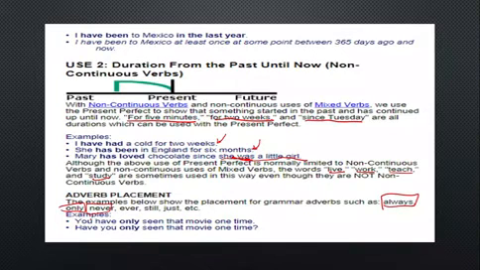Okay, examples: you have only seen that movie one time. I write the adverb placement after the auxiliary. First, I write the pronoun, for example, you.